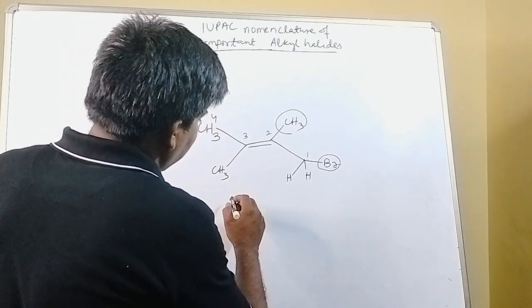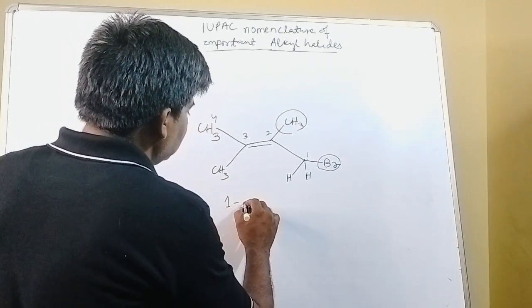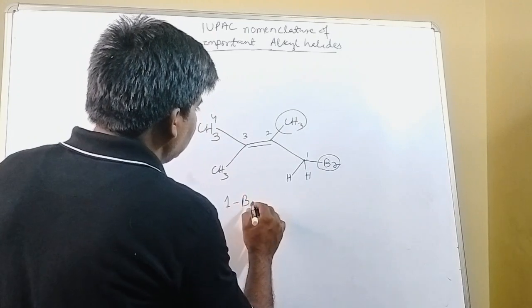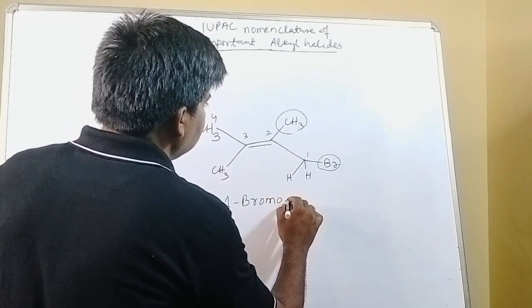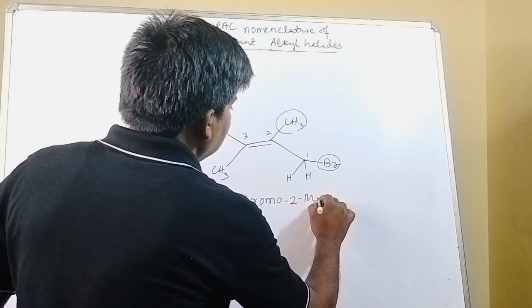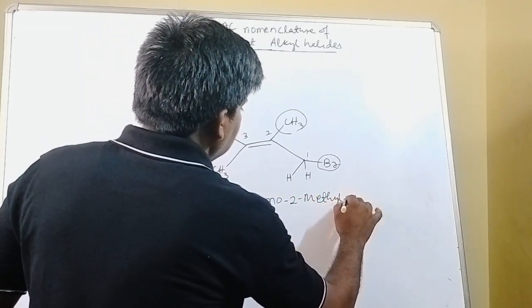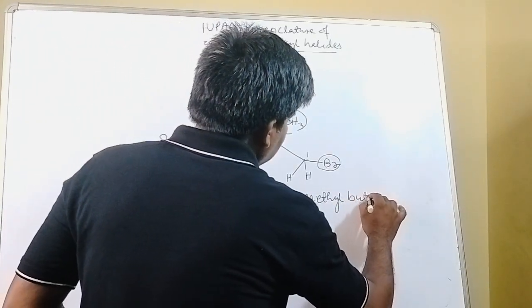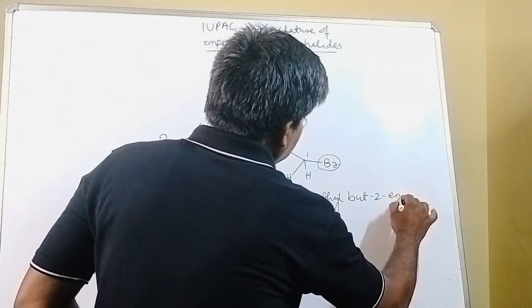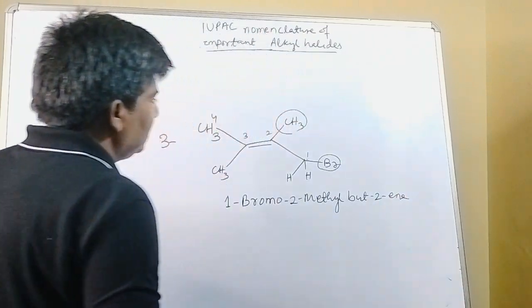That's why we have to write the substituents in alphabetical order along with their locants. So 1-bromo, 2-methyl, but-2-ene.